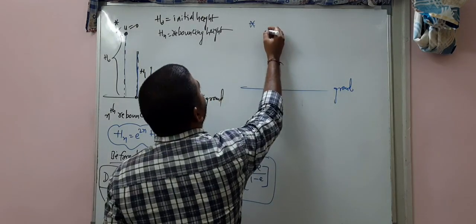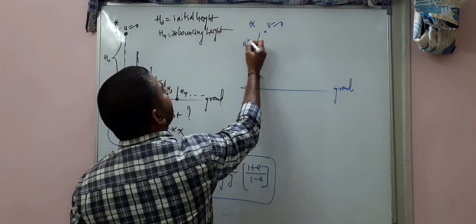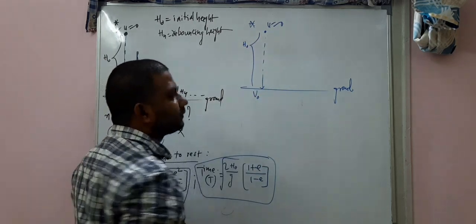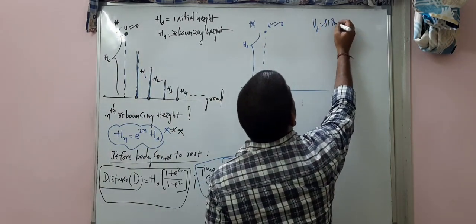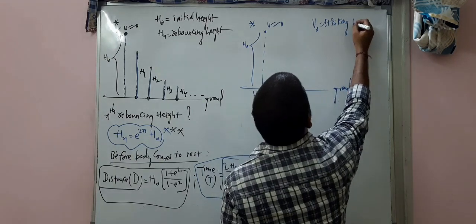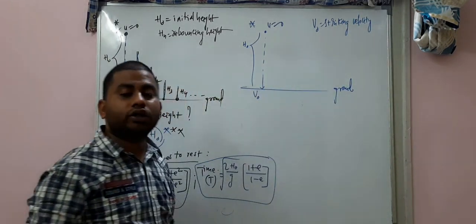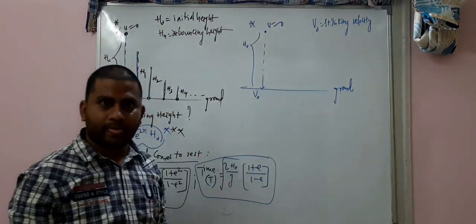Note, a body is dropped from here, from the same height h naught, and now we are not talking about the heights. So this is v naught. What is this v naught? v naught is called the striking velocity, my dear students. Striking velocity means the velocity with which the body is striking the ground. So that's called v naught.